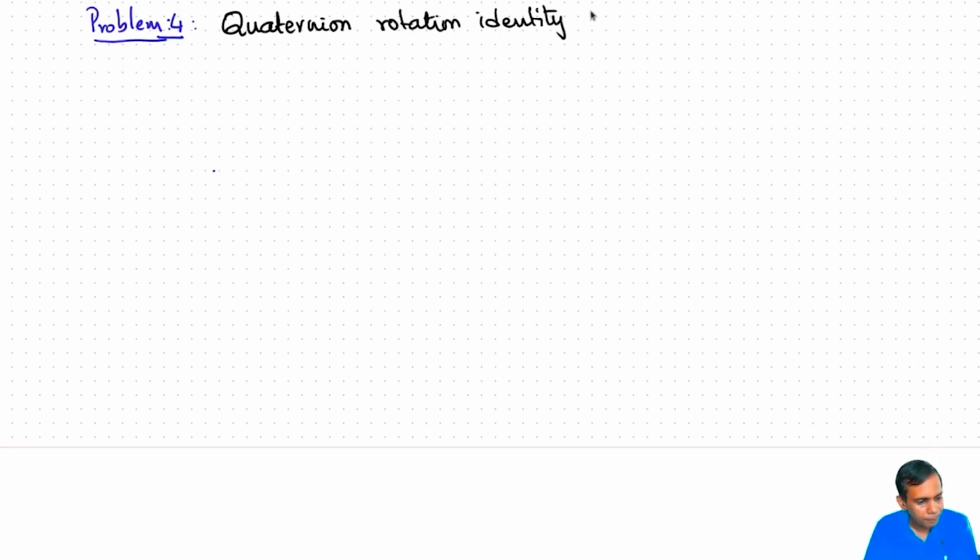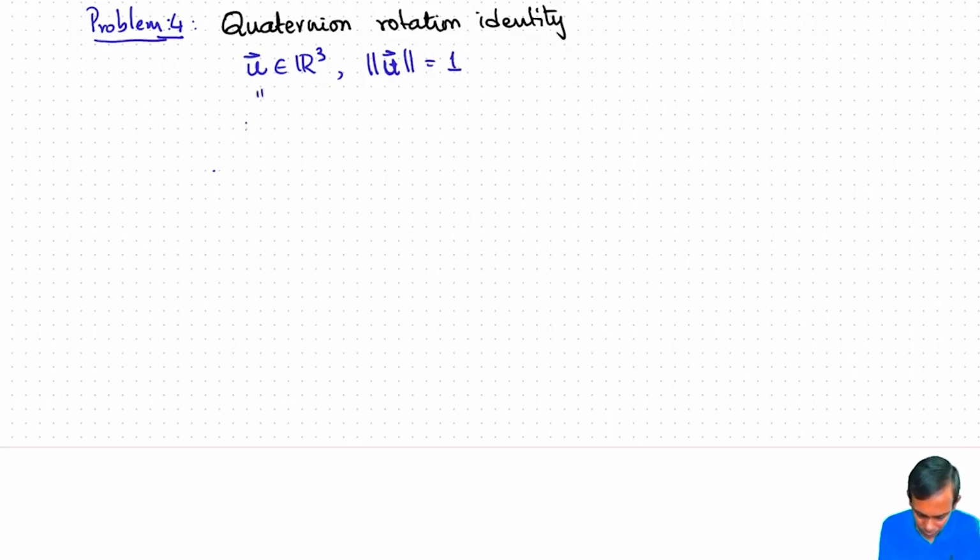And how does it work? Suppose I take u to be in R cubed, a unit vector. So u1 squared plus u2 squared plus u3 squared is equal to 1. And I can think of this as an imaginary quaternion.